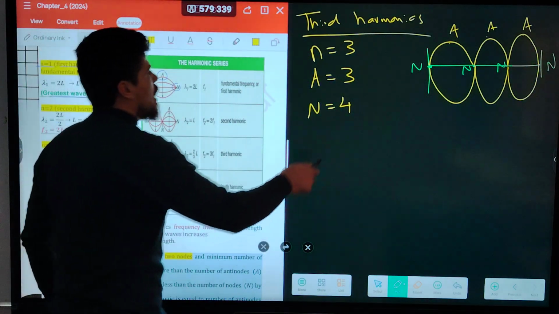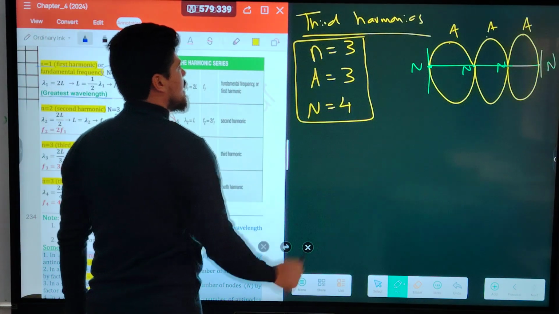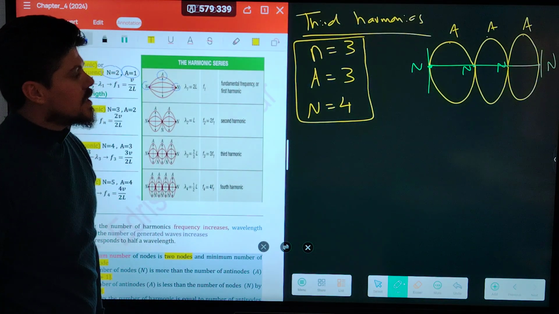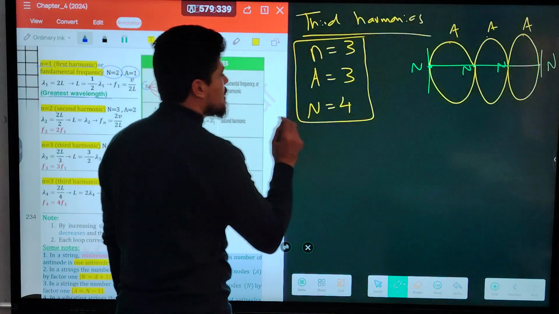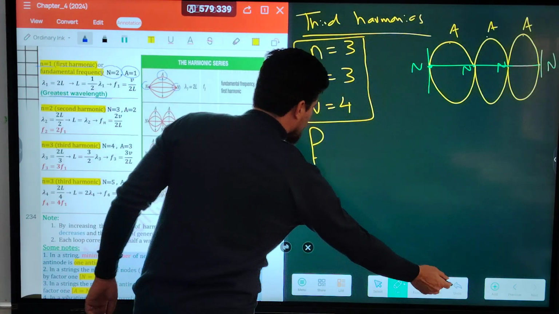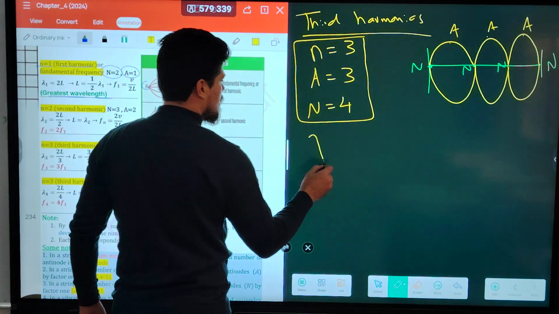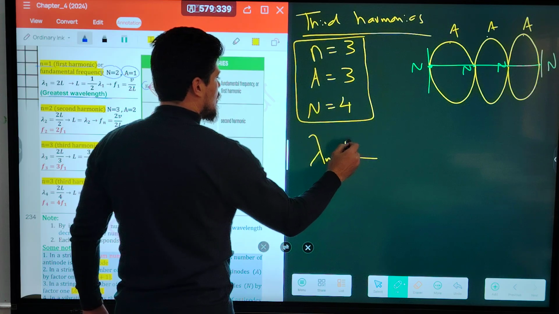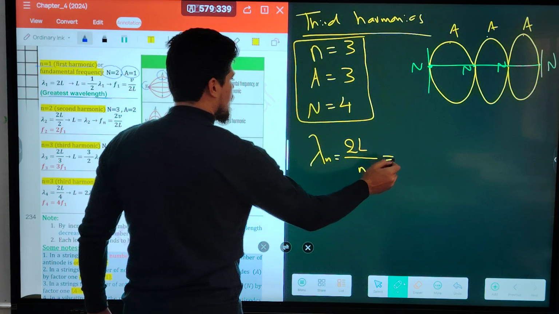Okay? How can you determine wavelength and frequency of the third harmonic? For the third harmonic, wavelength is equal to 2L over n.